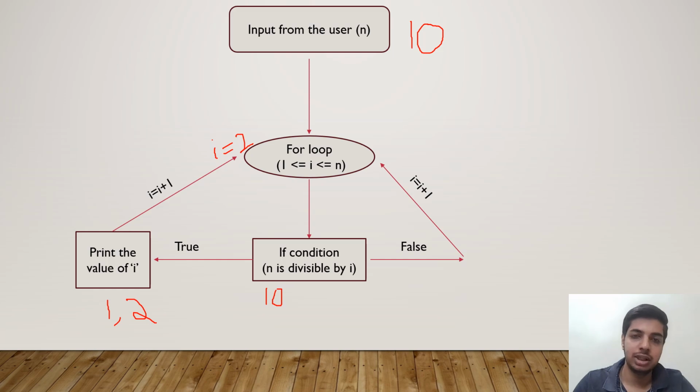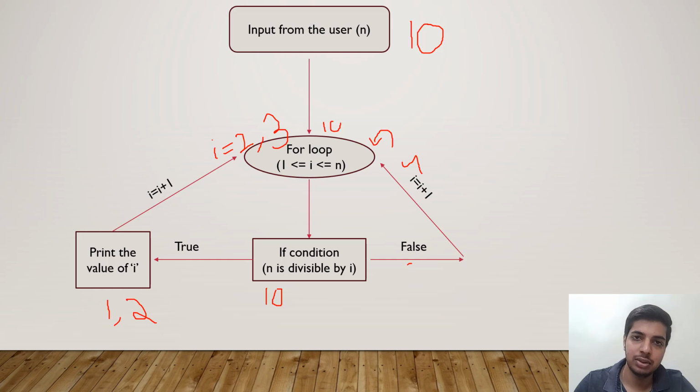Since 3 is also less than 10, it will check the if condition again, but here 10 is not divisible by 3, so the condition will become false and nothing will happen, and simply the value of i becomes 4, and it goes on and on till the value of i reaches 10.